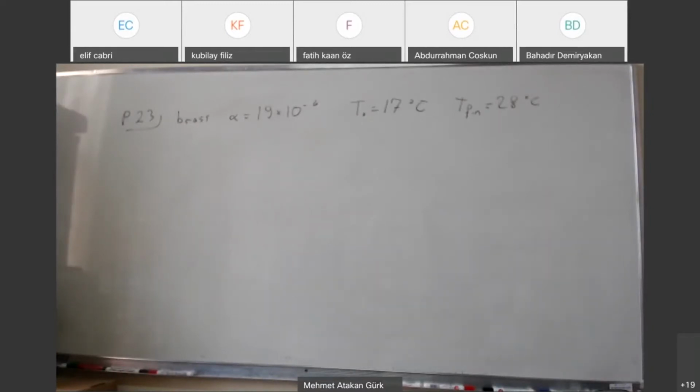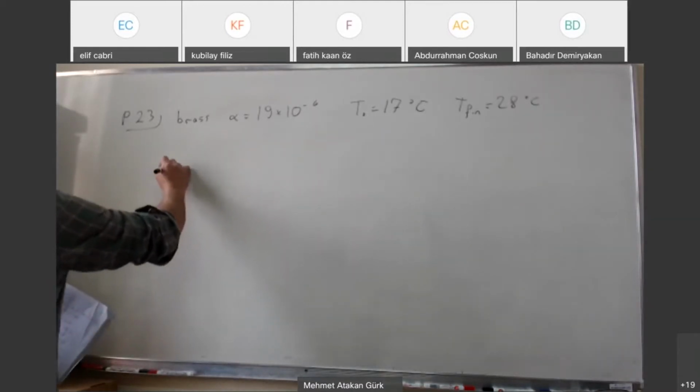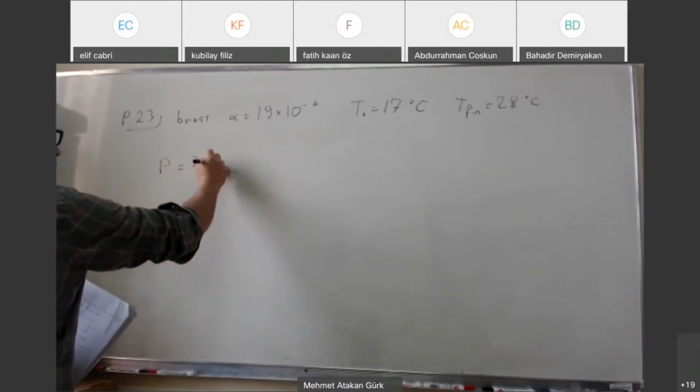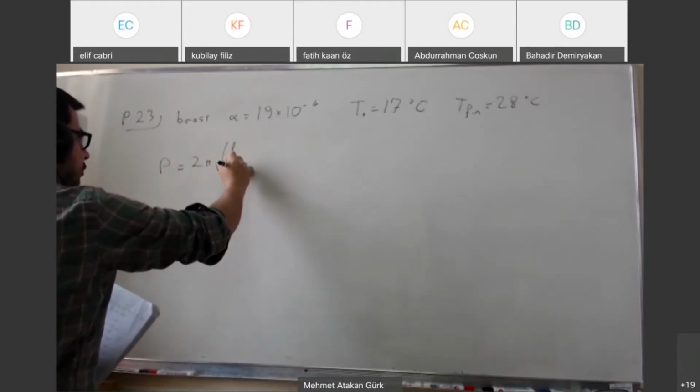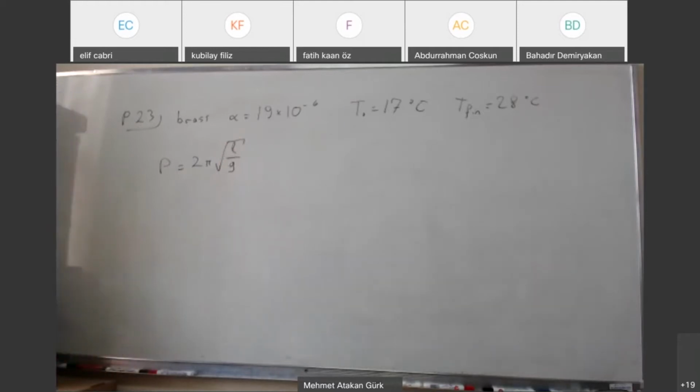You also will need to recall the relationship between the length of a simple pendulum and the period, which is given by 2 pi square root of L over g. Hopefully you recall this. Even if you can't, maybe you can derive it by dimensional analysis, or you can of course look it up.